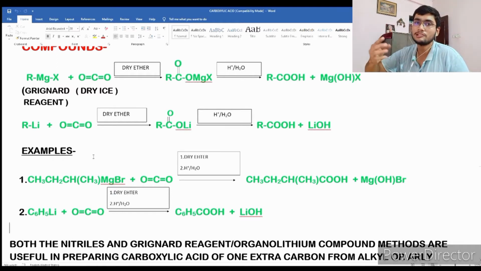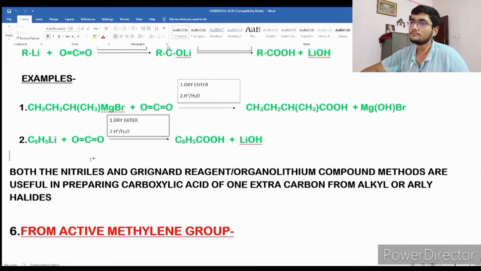So these three methods, hydrolysis of nitriles and carbonation of Grignard reagent and organolithium compound, let you prepare carboxylic acid of one extra carbon from alkyl halides. These are very good methods, and the yield of carboxylic acid is high. So these methods are quite good methods.